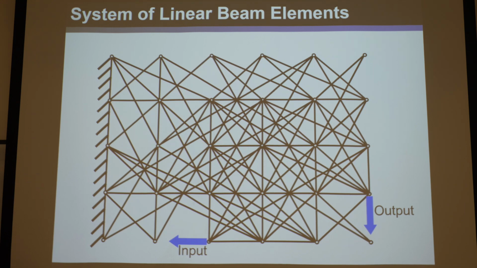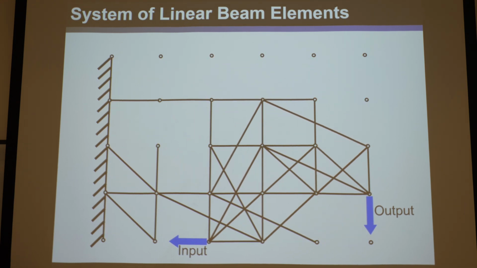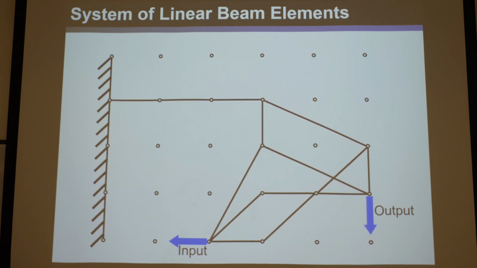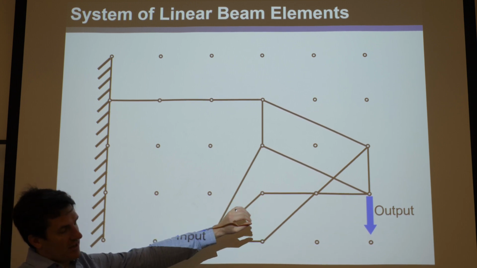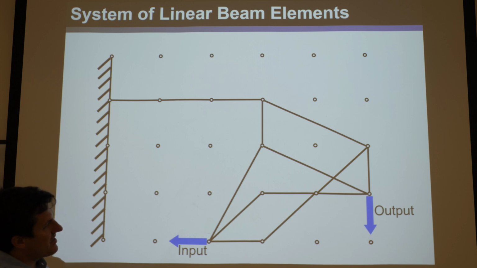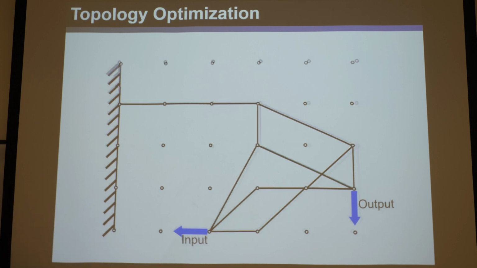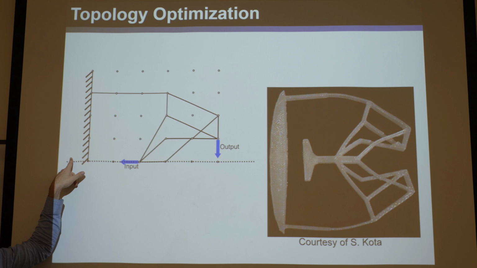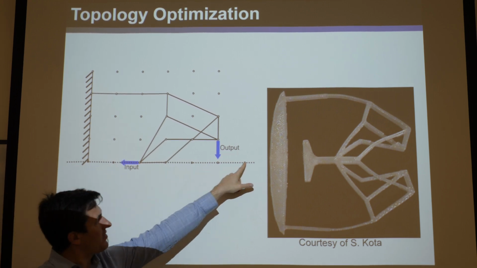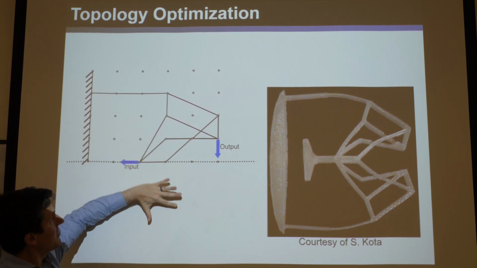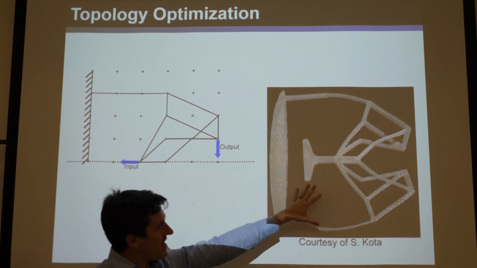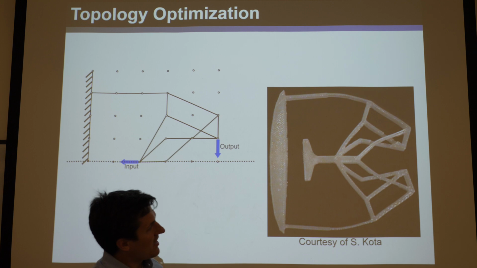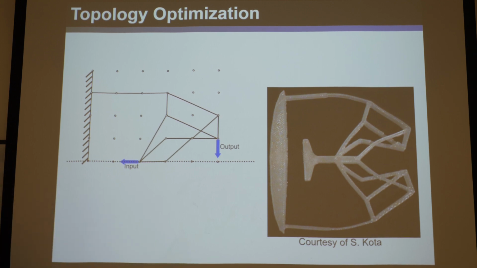You can see it just starts taking things away, until it crawls to a local minimum, an optimized design that does what you want. Now, this design shown here, they also set it up to be symmetric about this line, so this would be flipped. This was an actual thing that Sri Dakota made here, and you can see the final resulting beam. So it's pretty cool.